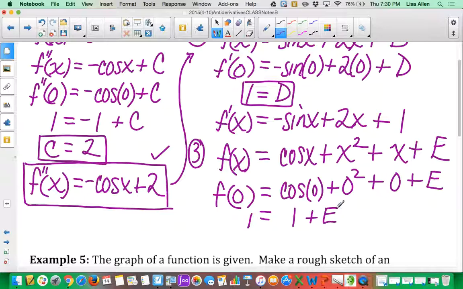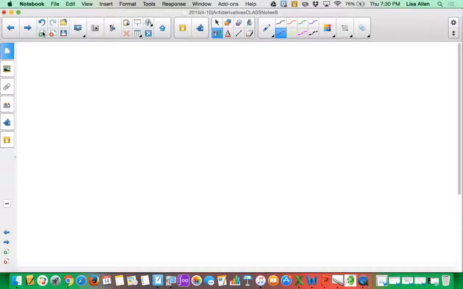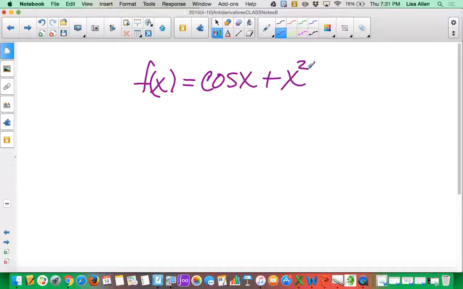So it looks like e turns out to be 0. So we have e is equal to 0, and we get our function. Our function f of x is then equal to cosine x plus x squared plus x plus 0.